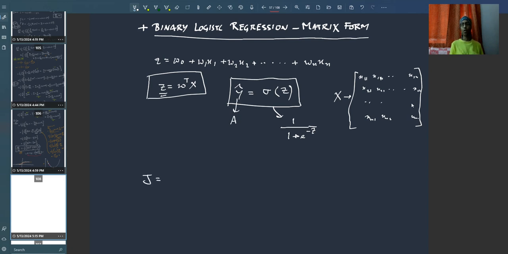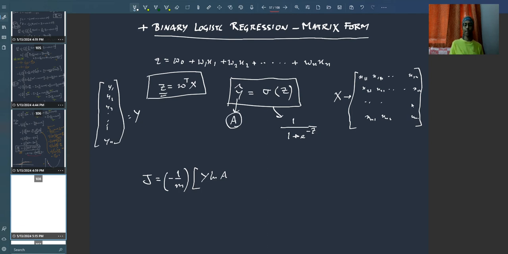Now J is equal to minus 1 by m, Y, big Y representing all the y values, that is y1, y2, y3 till ym, into natural log of y hat. Okay, let me write y hat only.